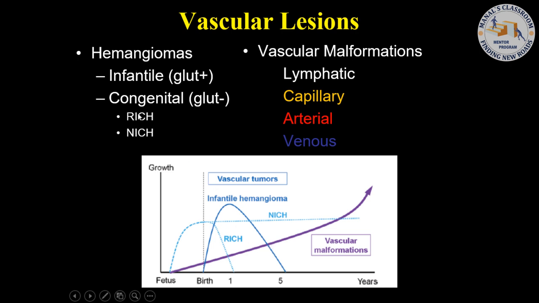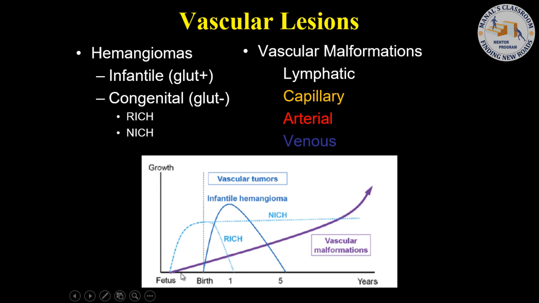Another hemangioma is referred to as a congenital hemangioma. The congenital hemangiomas arise in the fetus, so actually before birth. If that hemangioma after birth rapidly involutes, this is what's referred to as a RICH, R-I-C-H.